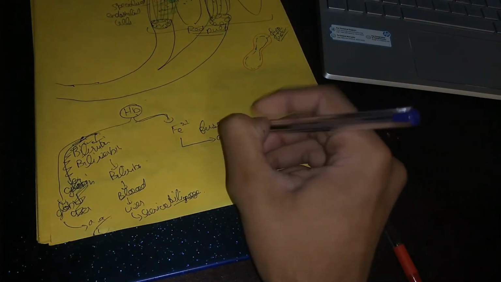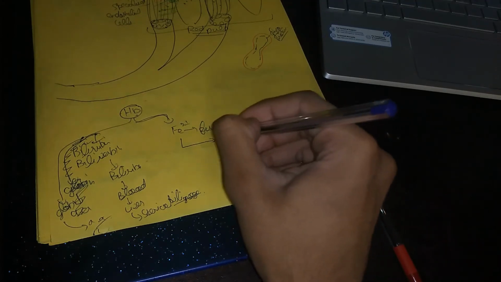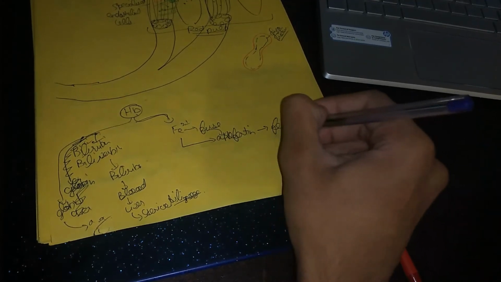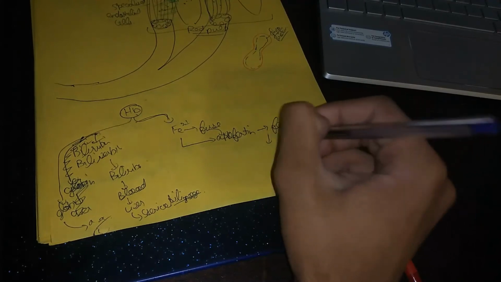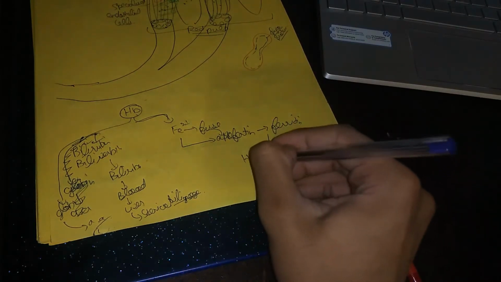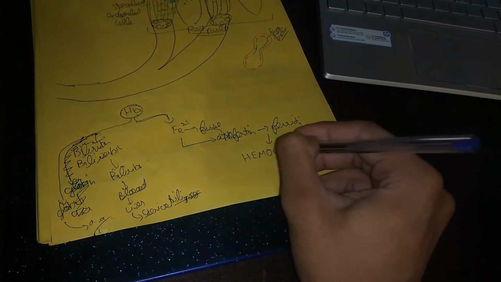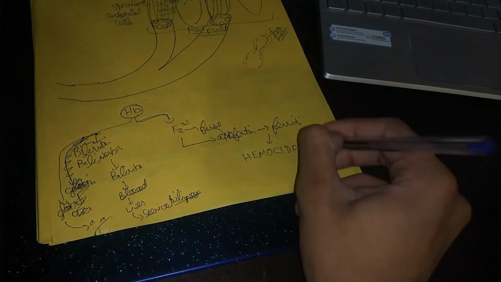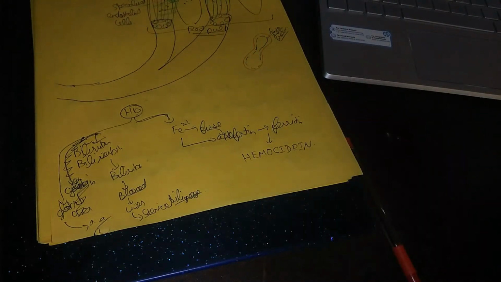It puts a cap of apoferritin, fuses with the apoferritin and forms ferritin. Then this ferritin gets accumulated in the macrophage in the form of hemosiderin. Okay guys, so this was the fate of hemoglobin.